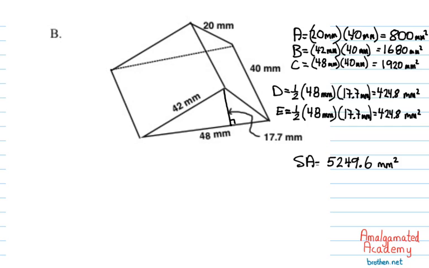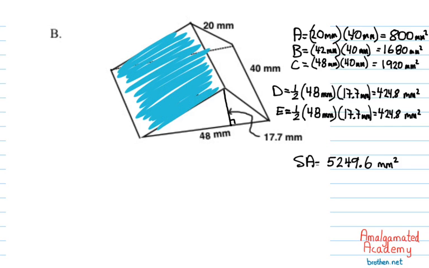On this one here, I saw some weird things, but we have rectangle A, which is 20 millimeters by 40 millimeters. That's this rectangle right there. Then we have rectangle B, which is going to be 42 millimeters by 40 millimeters. That's this rectangle right there.